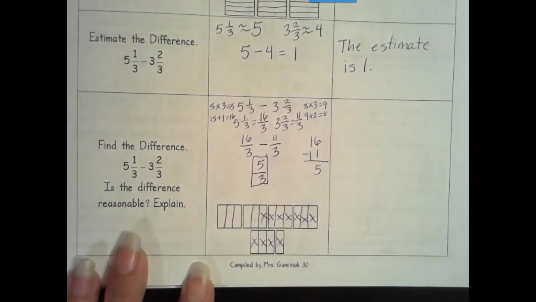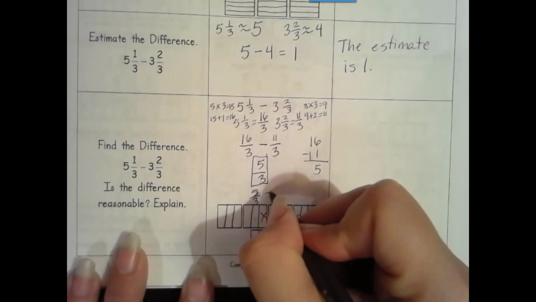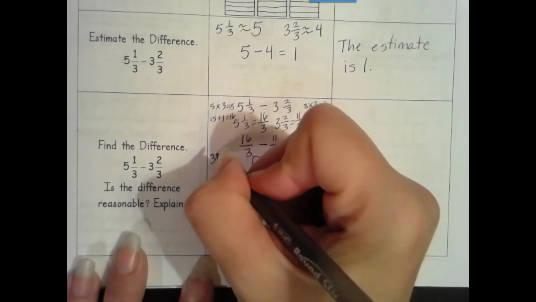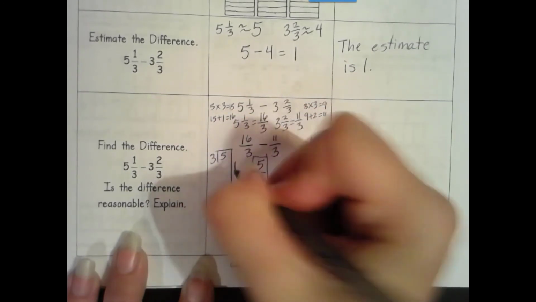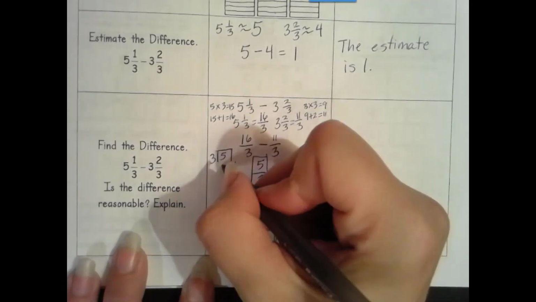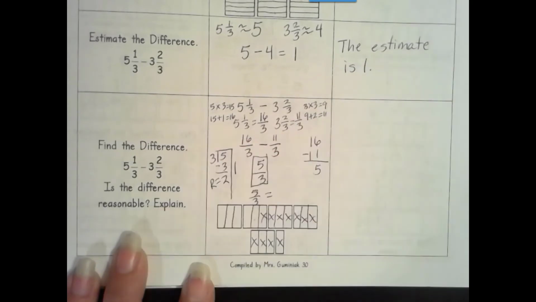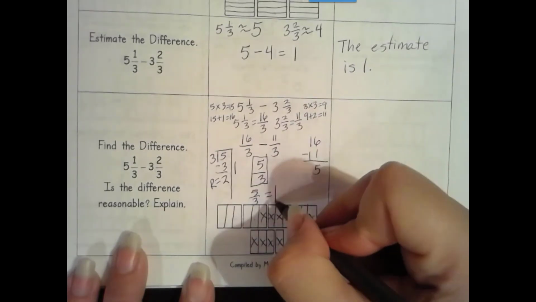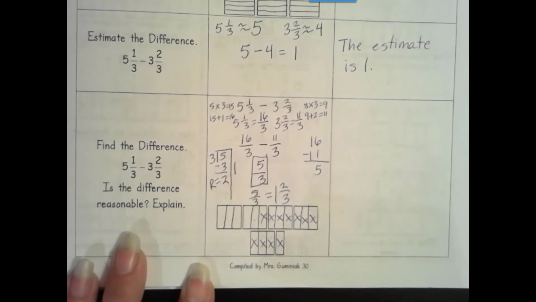But we do also want to look at what it is as a mixed number. So how many 3's can we get out of 5? I can get 1 three. 1 times 3 is 3. And I'm left with 2. So I have 1 whole, and I have remainder over divisor, 2/3.